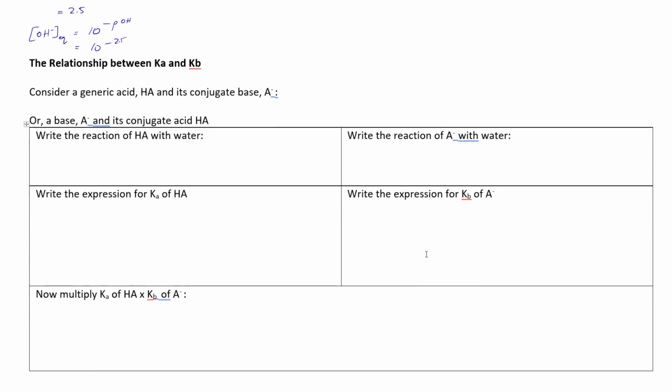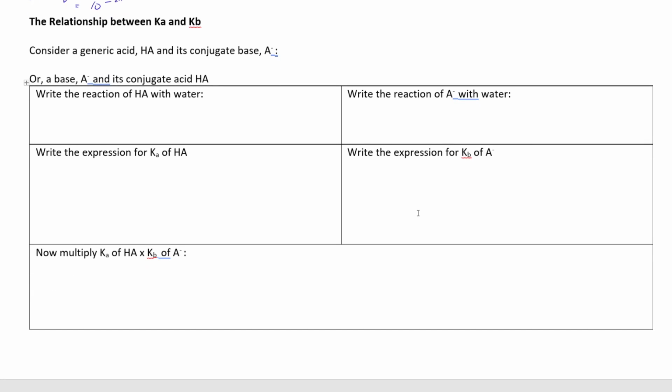Okay, the relationship between Ka and Kb. If we consider a generic acid, HA, and its conjugate base, A minus, let's take a look at HA reacting with water. HA plus water: the H will be donated, and we end up with A minus plus H3O plus.